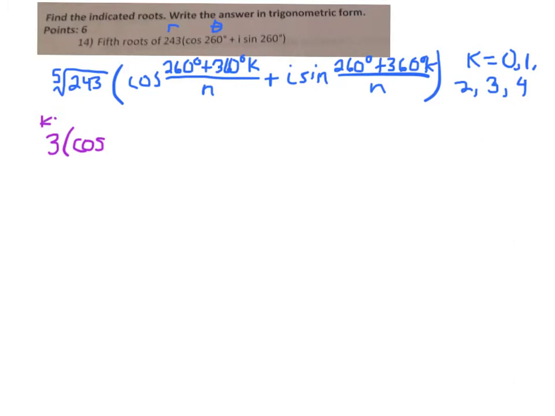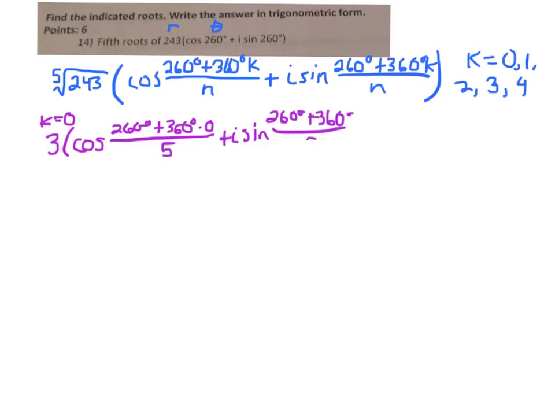Okay, this is for k equals 0. Cosine of 260 degrees plus 360 times 0 over 5. If we simplify this, we end up getting, oh, that was times 0. We get rid of those, so 260 divided by 5 gives us 52. So this is 3 times cosine 52 plus i sine 52.